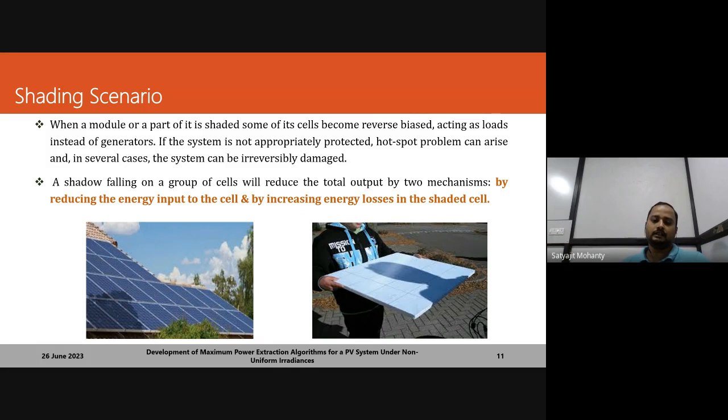Maybe some trees cause shades. In the shading pattern, the shaded part acts as a load, because the others are known as healthy panels and the shaded part is known as the unhealthy panels. Anything which comes in between the insolation and the photovoltaic panels creates a disturbance in the process of generating maximum power.